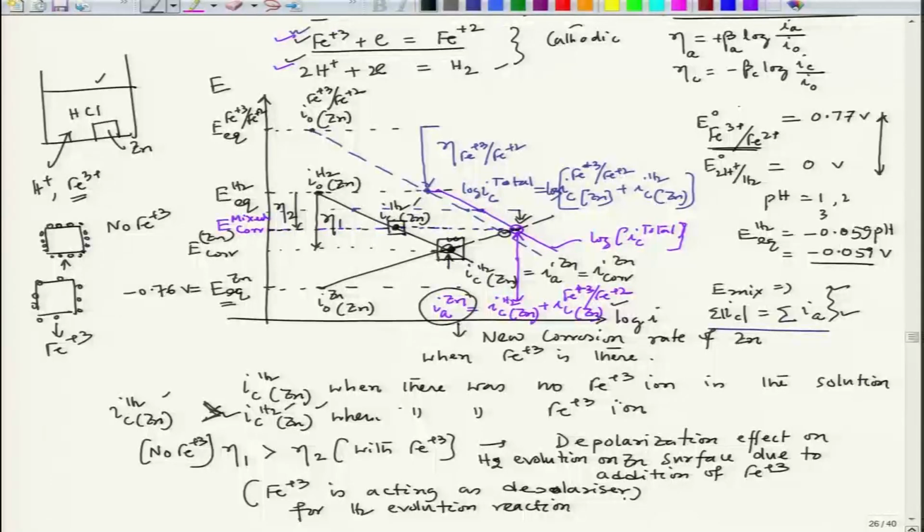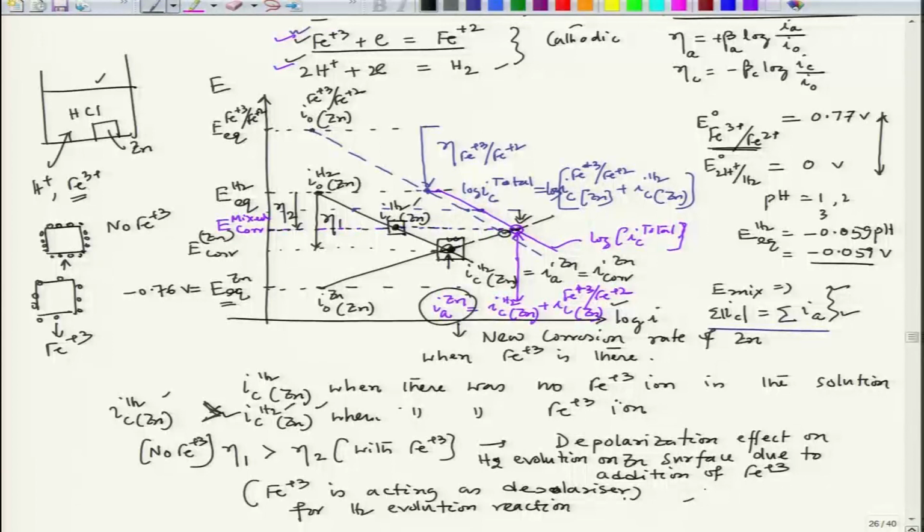When we have a strong oxidant, because Fe+3 in this case is a strong oxidant which has a tendency to go to Fe+2, then the hydrogen evolution on zinc surface would be low, but the rate at which zinc dissolution happens would be much faster than when the hydrogen evolution on zinc surface was high.